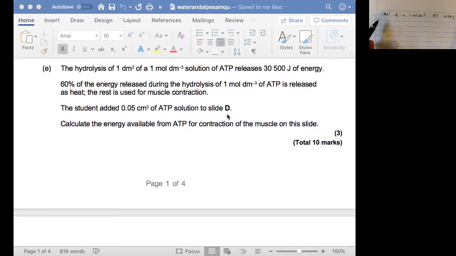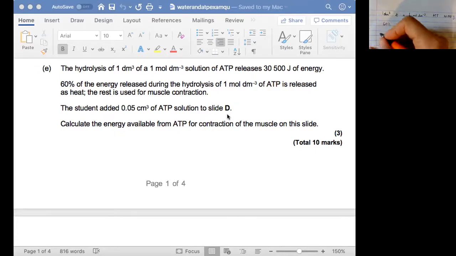Let's remind ourselves that a decimeter cubed is 1 liter. So 1 liter of 1 mole per decimeter cubed solution of ATP releases 30,500 joules of energy. Then 60% of the energy released during the hydrolysis of 1 mole per decimeter cubed is released as heat. Okay, so 60% of this is released as heat.